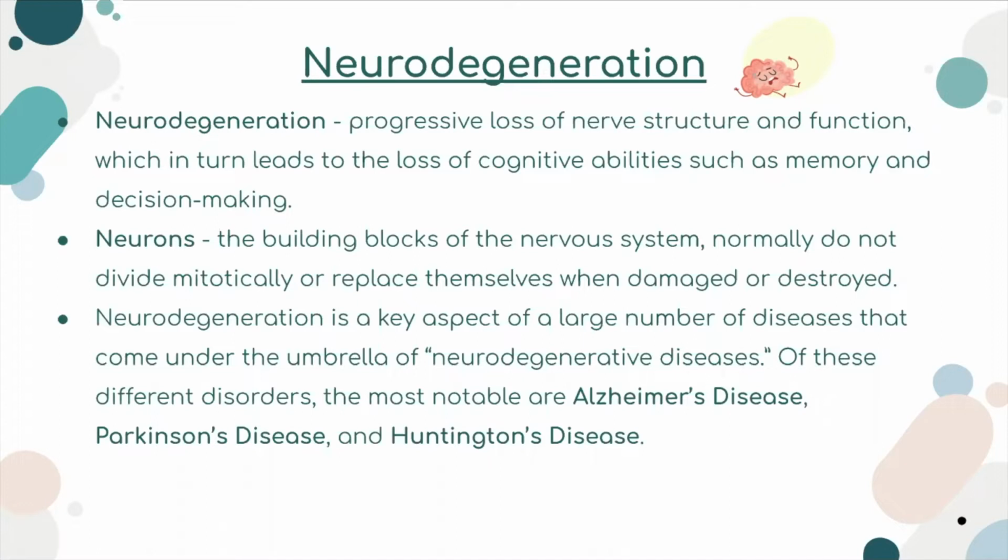Now, neurodegeneration is a key aspect of a large number of diseases that come under the umbrella of neurodegenerative diseases. Of these different disorders, the most notable are Alzheimer's disease, Parkinson's disease, multiple sclerosis, Huntington's disease, and Amyotrophic Lateral Sclerosis.